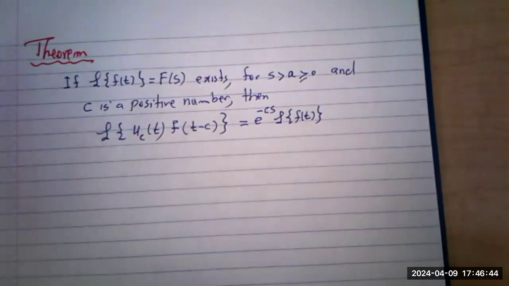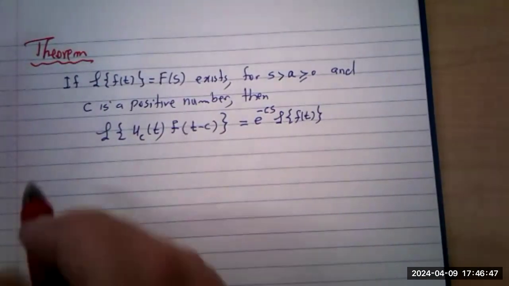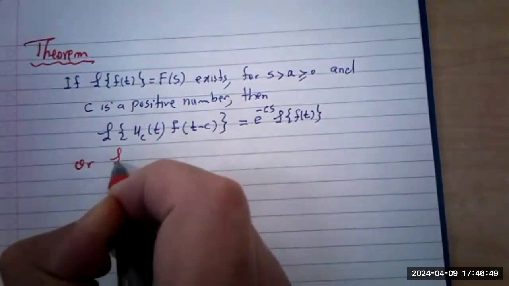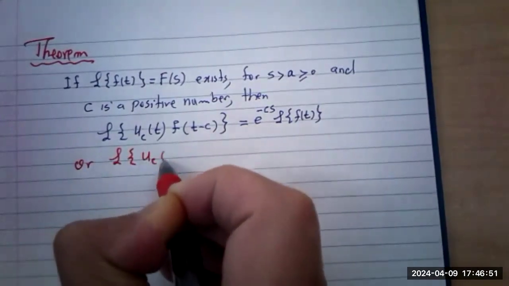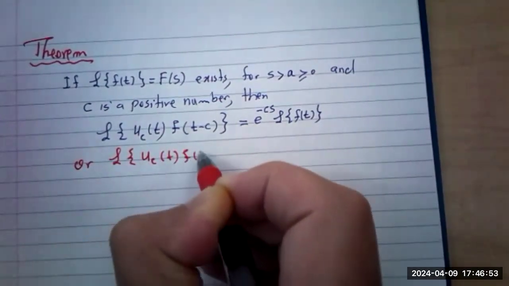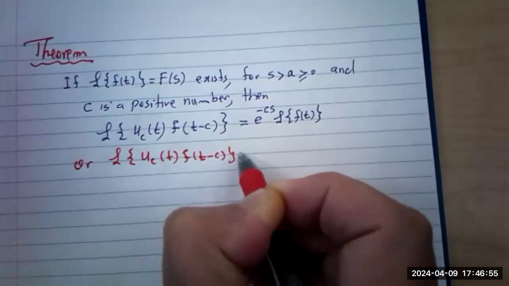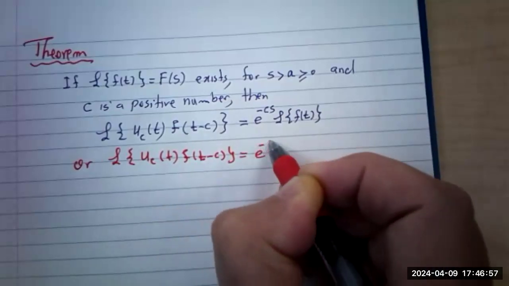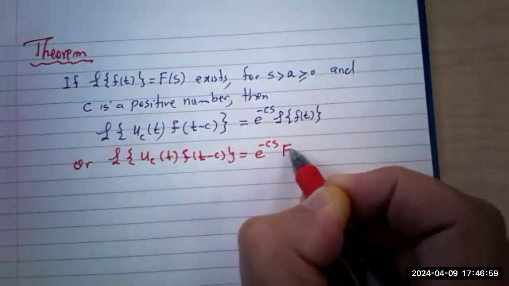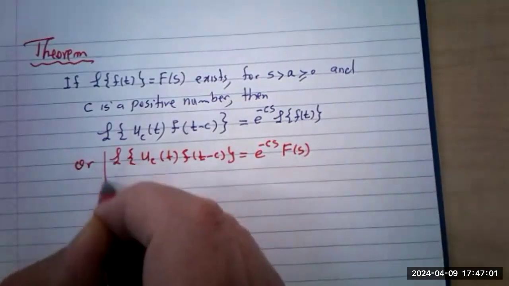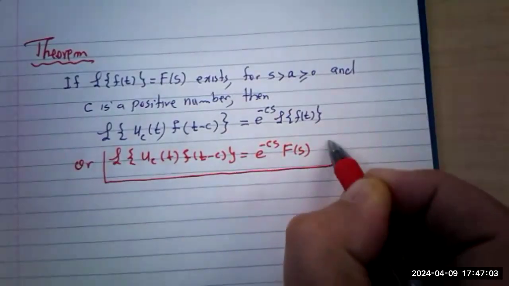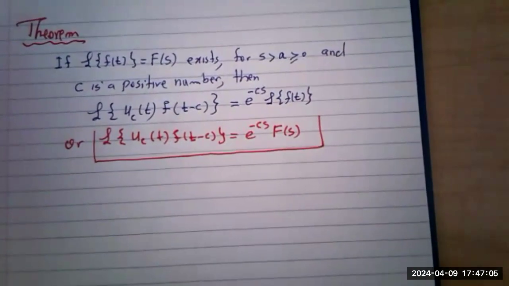Or you can write it in a different format: the Laplace of u_c(t) f of t minus c is simply e to the negative cs times F of s. This is the formula that we call the translation theorem.